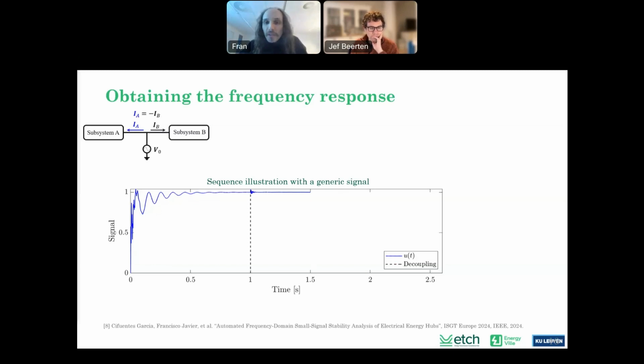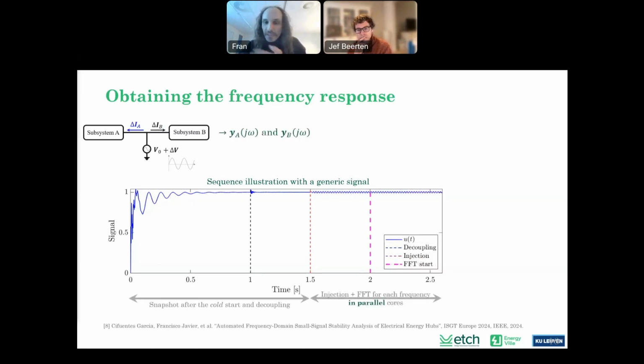After the decoupling, what we do is we apply sinusoidal perturbations, just very simple injection with high signal-to-noise ratio. And after the system has reached sinusoidal steady state, we simply retrieve this data and apply fast Fourier transform to compute the impedance.